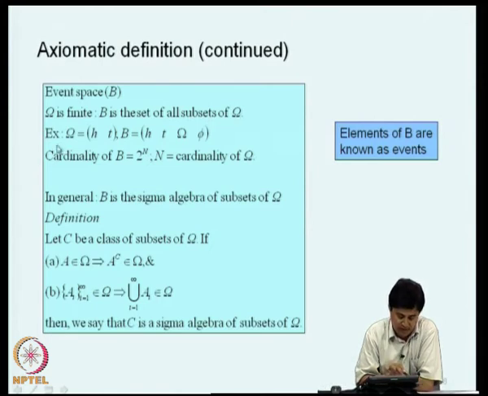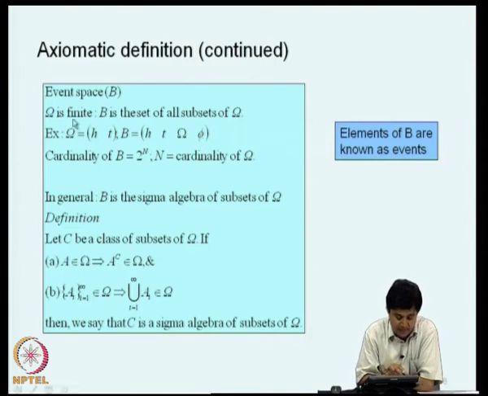So for the coin tossing experiment, the sample space is {H, T} and the event space is {H}, {T}, the sample space itself, and a null set. Null set is like 0 in a number system, we include that. So cardinality of B is 2 to the power of n, where n is the cardinality of omega. This is 4 in this case.